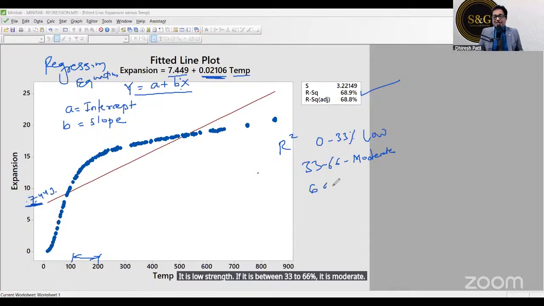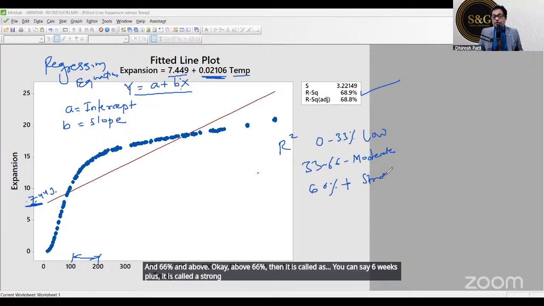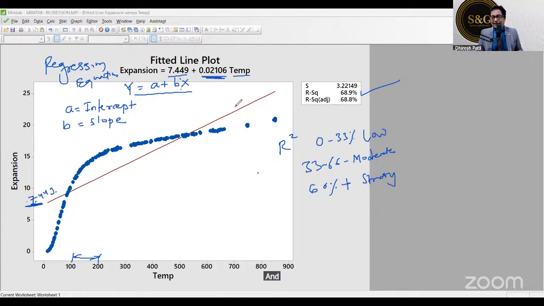And above 66%, 66 plus, it is called a strong correlation. So this is very close to moderate and strong correlation in between. And this entire analysis is called regression.